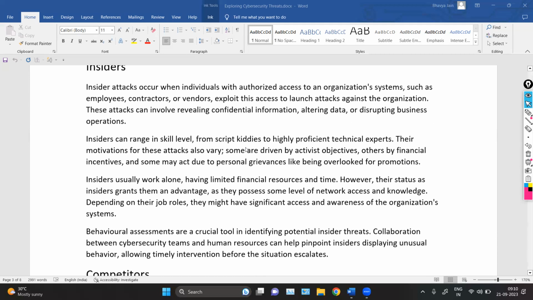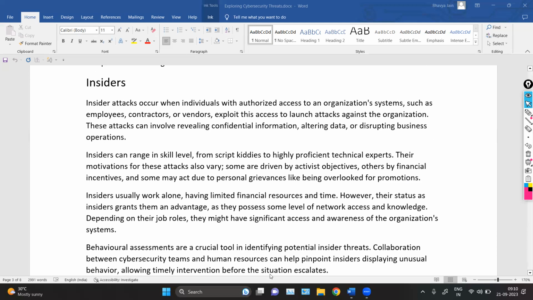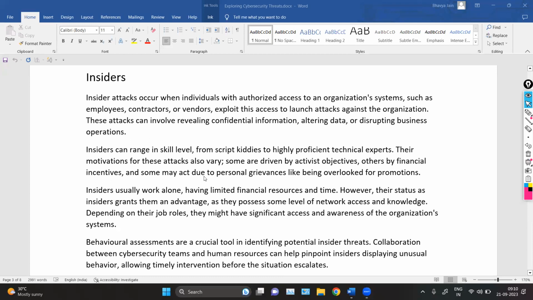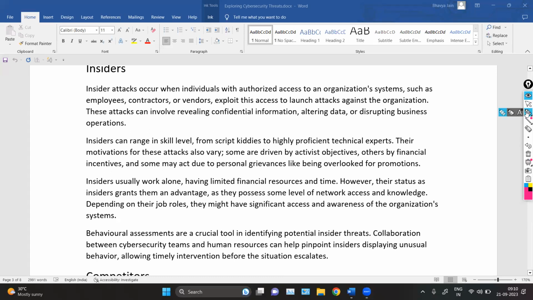Then we have insider attacks. So insider attacks are like when individuals of the company are hacking their own company. For example, let's say Amazon company. Now let's say in the Amazon company there's an employee who has authorized access inside Amazon because he is the employee of the company.